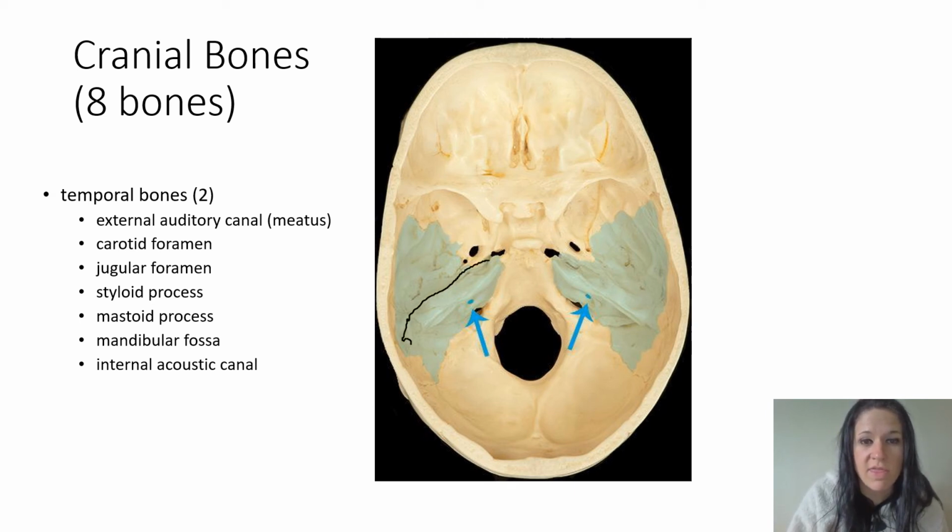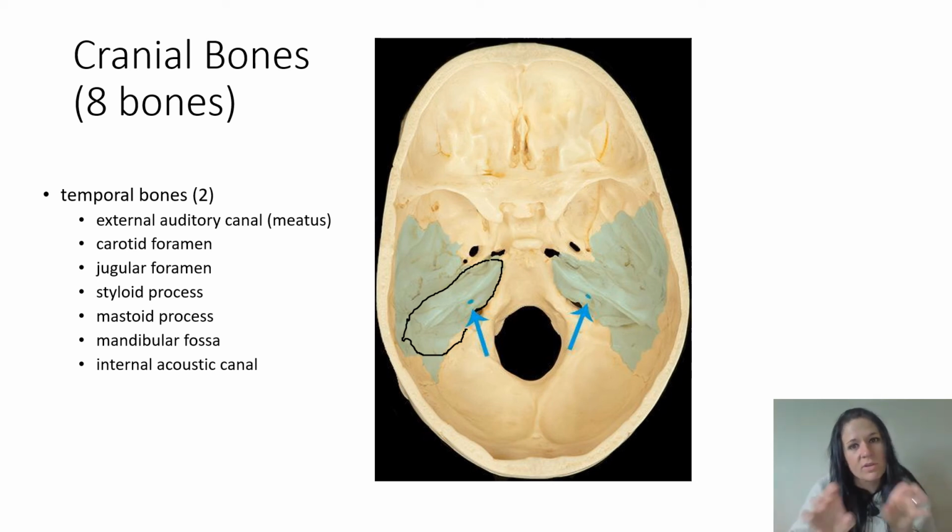So this really thick region is called the petrous portion of the temporal bone. Okay, so if you think of that as sort of like a mountain range, and you look at it, there's a little hole in that big, thick portion in that mountain range. There's a little cave, right? And this is going to be the internal acoustic canal.